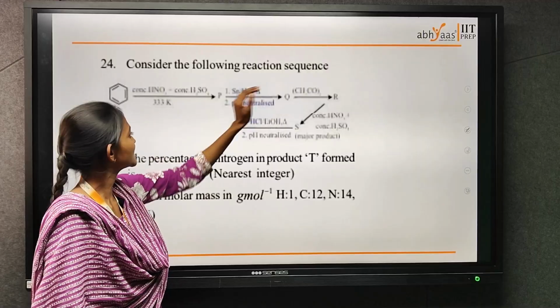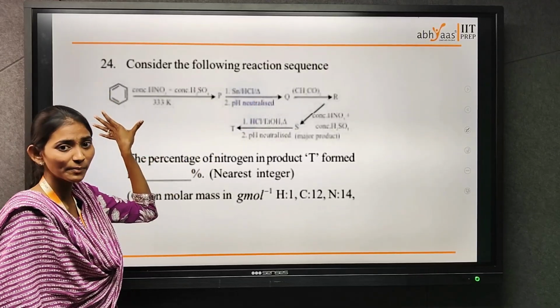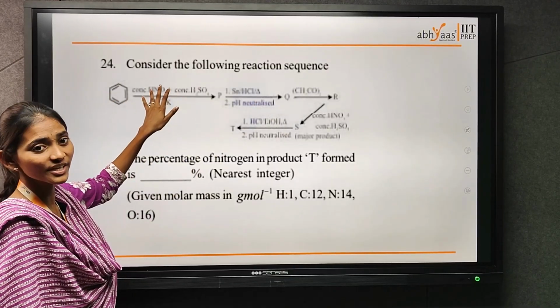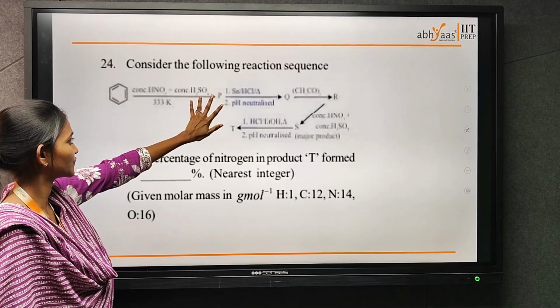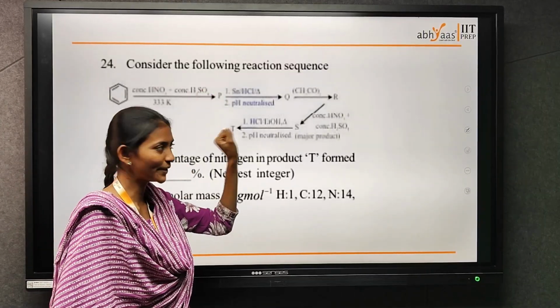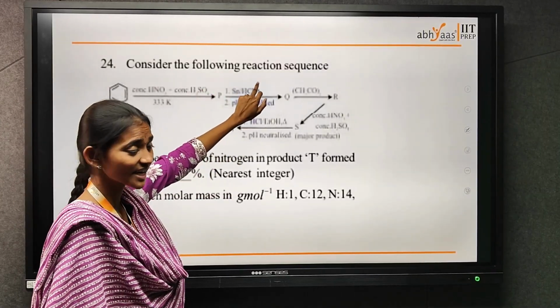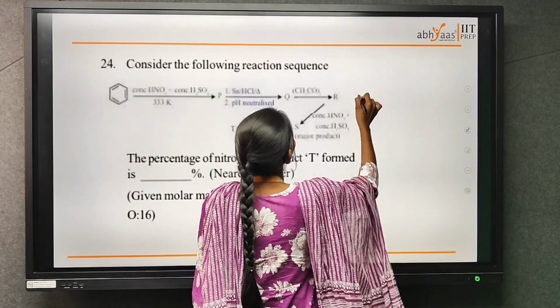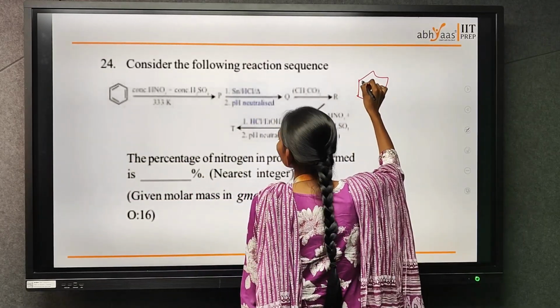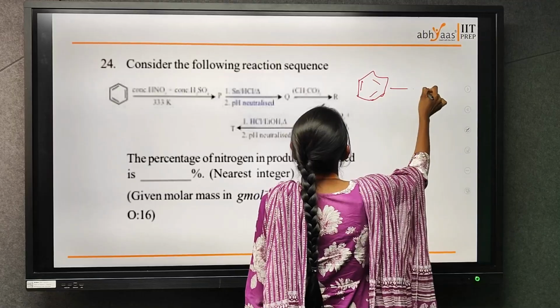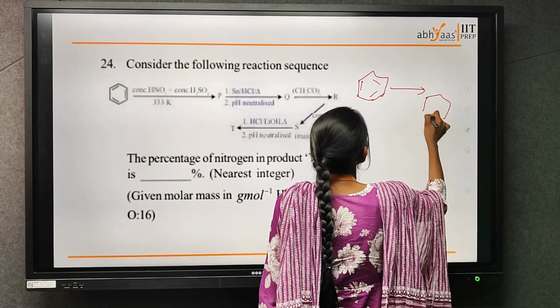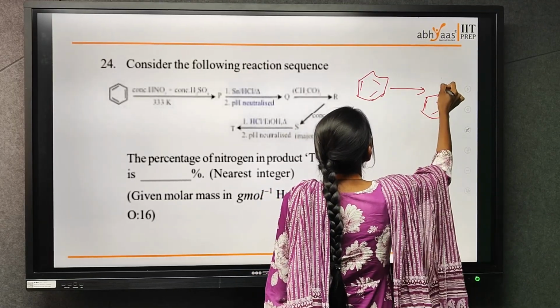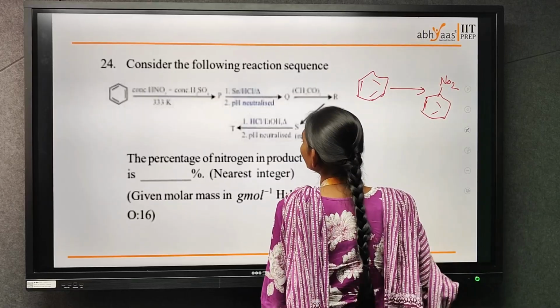Consider the following reaction sequence. They have given simple benzene. Upon concentrated HNO3 with concentrated H2SO4, we are getting your product P. And upon Sn/HCl, you are getting your product Q. Let's try here. So you are getting your NO2 molecule, right?